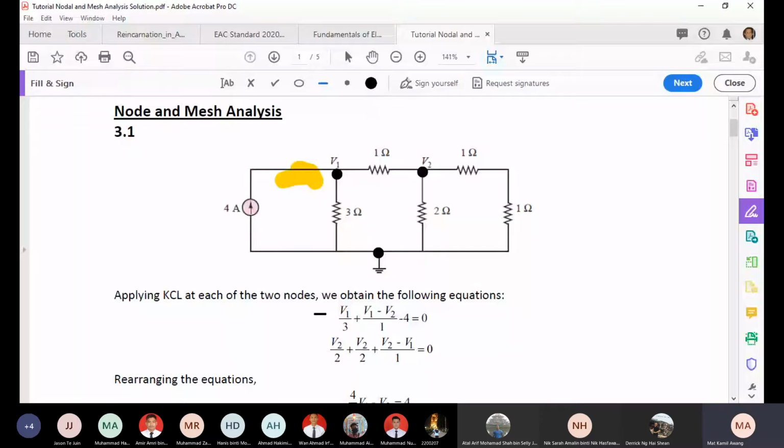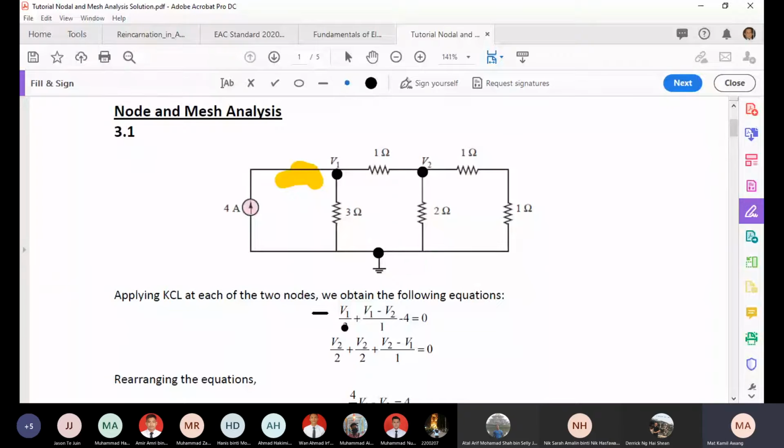So we can write this equation. The first one is V1 minus 0 divided by 3, so V1 over 3.